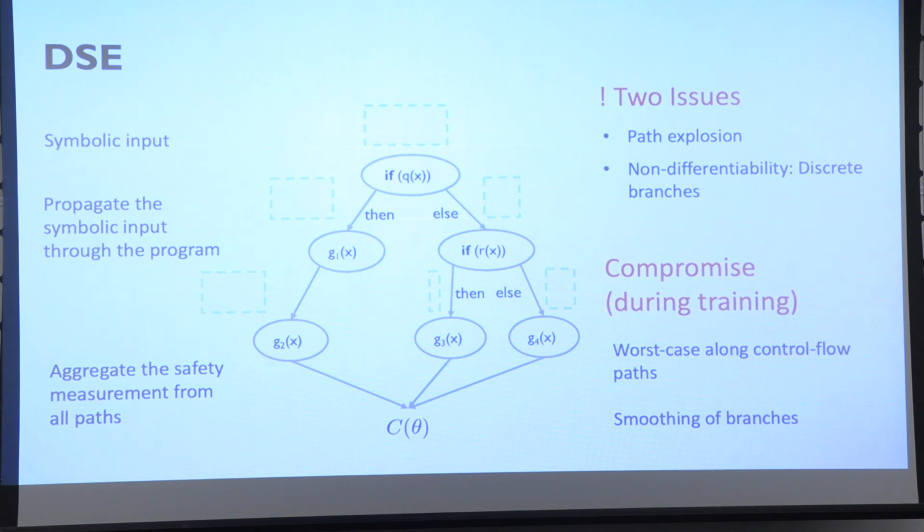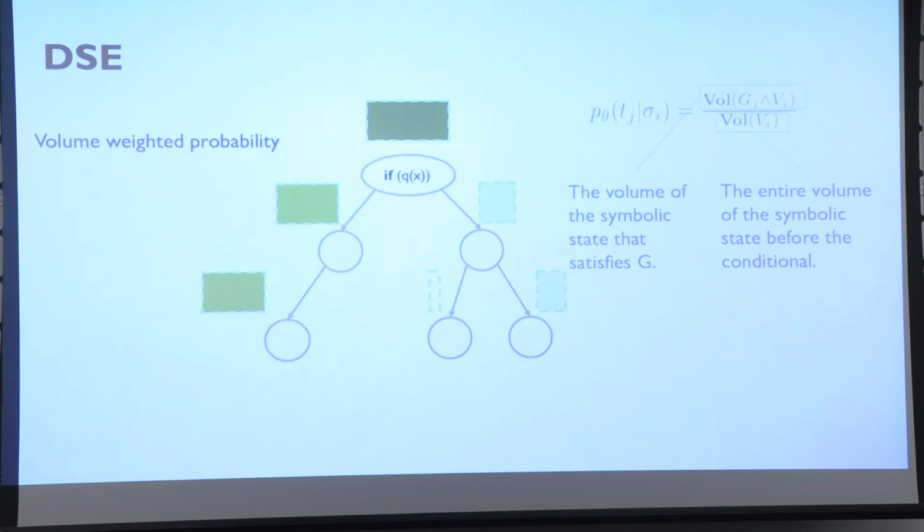And so what you do is use a stochastic approximation. That's what we did over here, but there are other kinds of strategies that you could use as well. Concretely, when you have that if-then-else situation, rather than just modeling it as a discrete branch, you model it as a weighted sum.